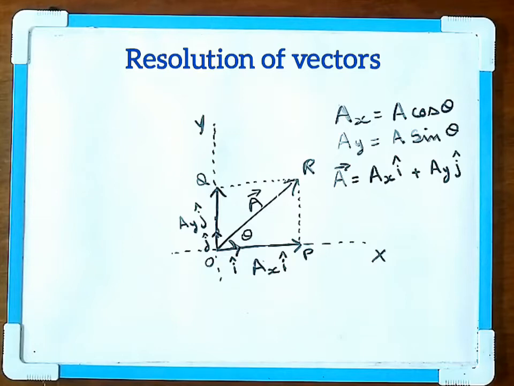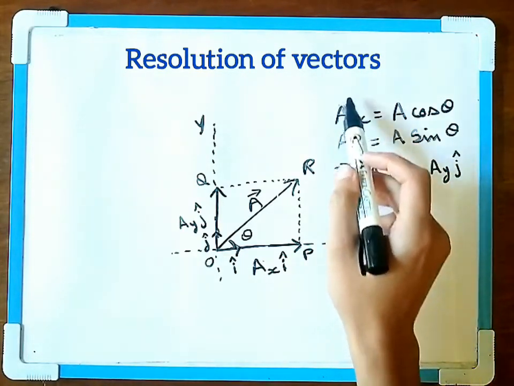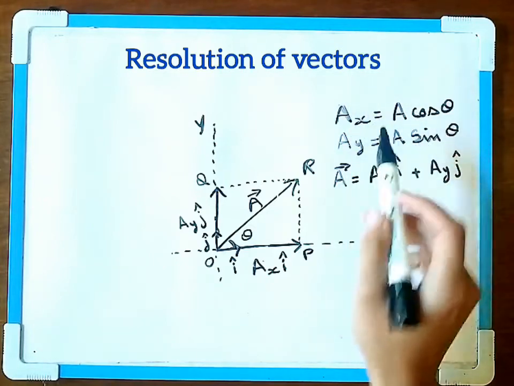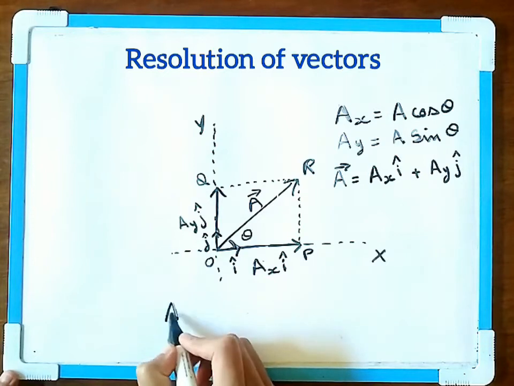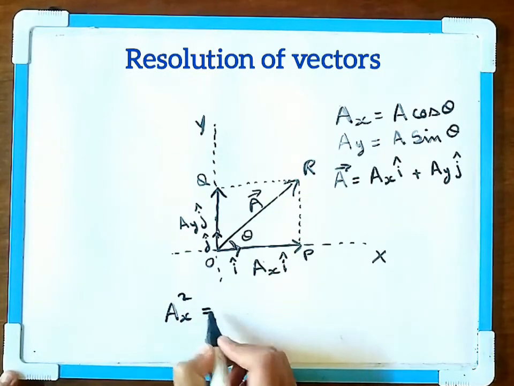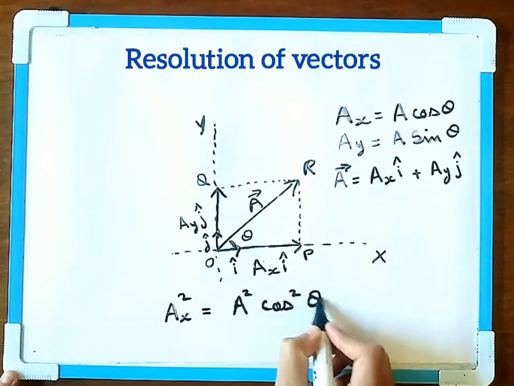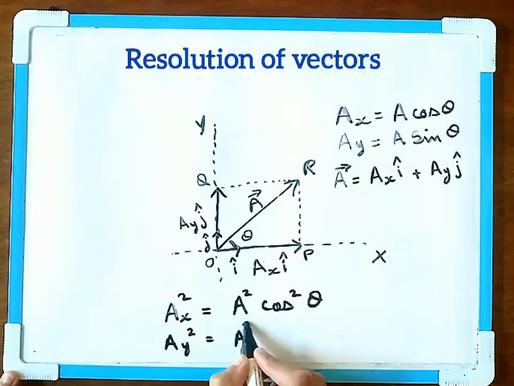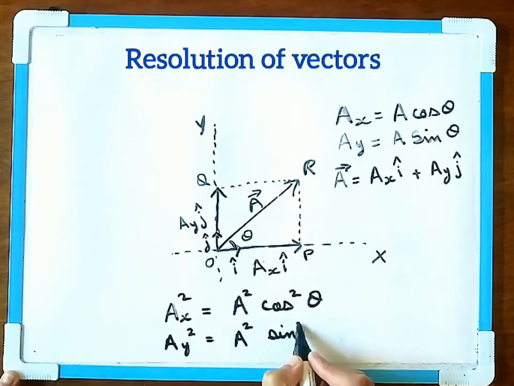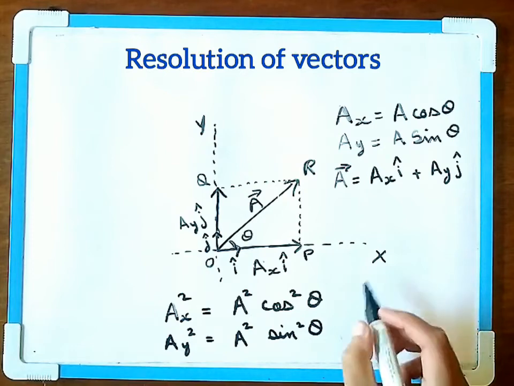So here simply we'll square both these two equations. If we square ax on both sides, ax square will be equal to a square cos square theta. Similarly ay square is equal to a square sine square theta.